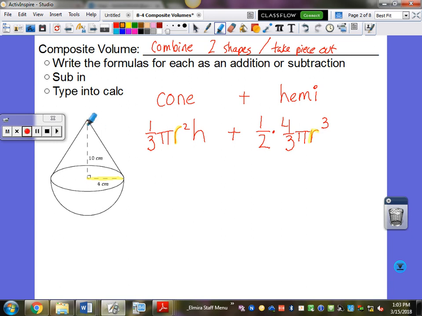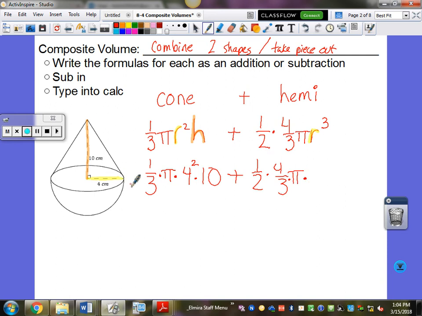My height of my cone is right there. So my next step is going to be to sub in. So 1/3 times pi times 4 squared times 10 plus 1/2 times 4/3 times pi, and it has the exact same radius. It's still 4 for the hemisphere as well.